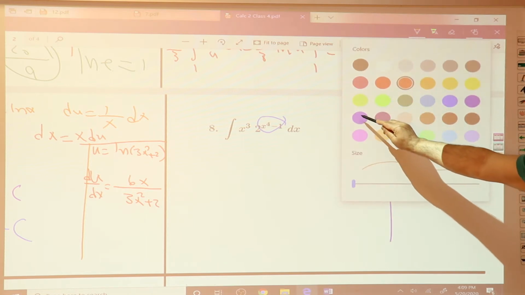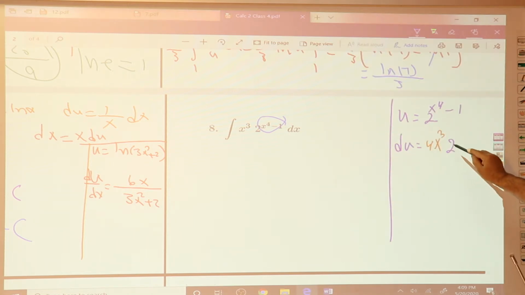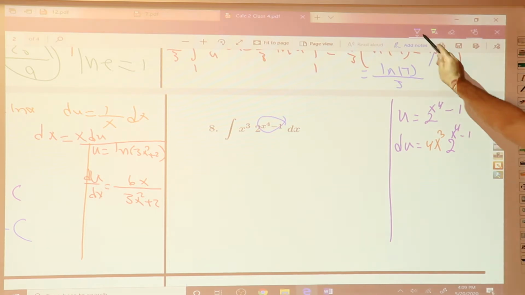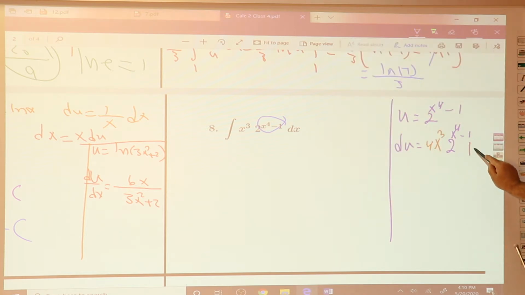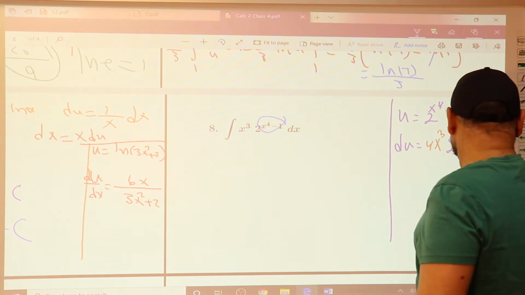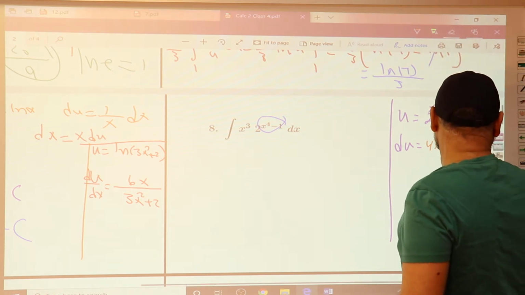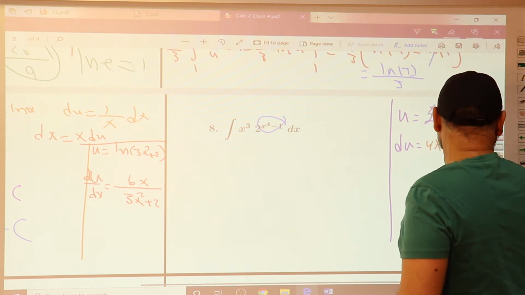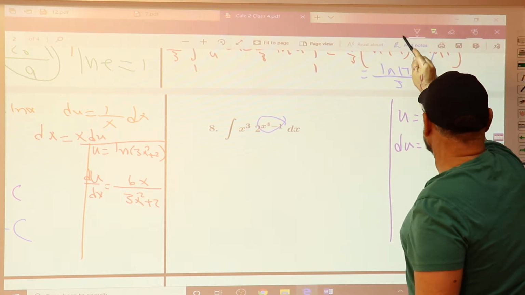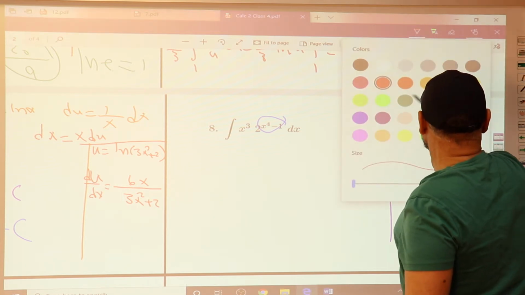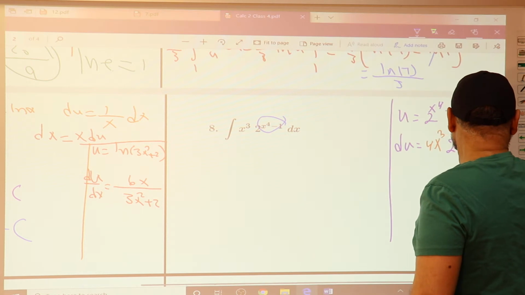Leave this guy alone, 2 to the x to the 4 minus 1. Last step, multiply by ln the base, ln 2, whatever base you have. Good? dx. Let me make it closer to have a space for dx. ln 2 dx.